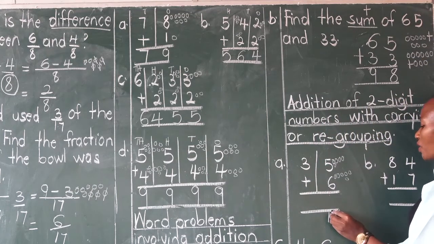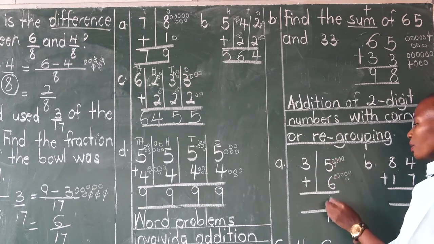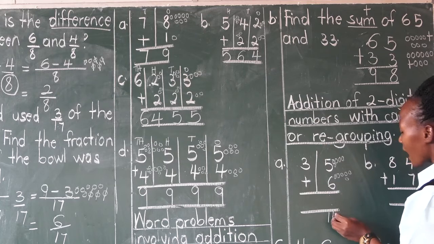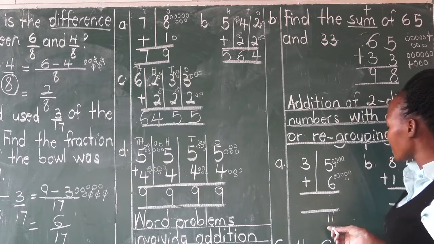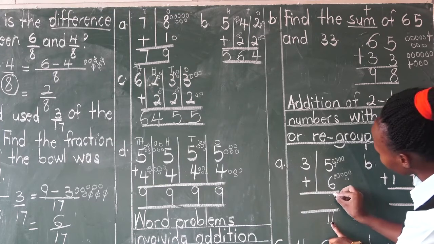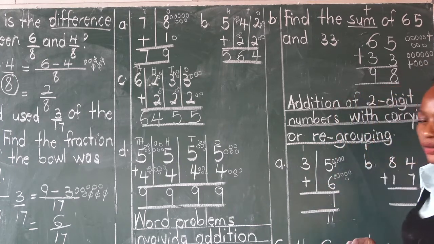We are going to write only this number, the one under ones. We write it under its place value. Only write the one digit. Then we carry the one to tens. If I have 11, we write this number 1 here under ones. Then we carry this one to the next place value.